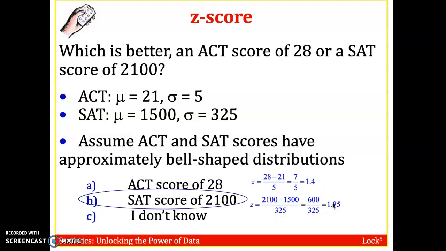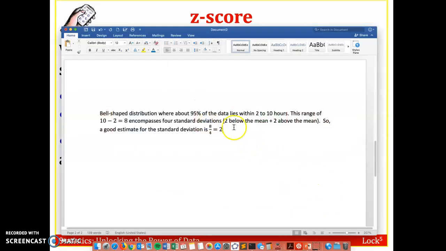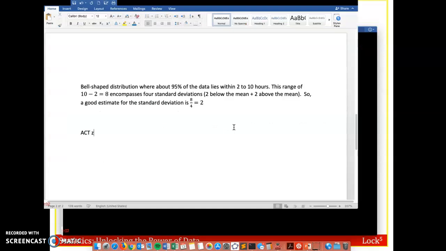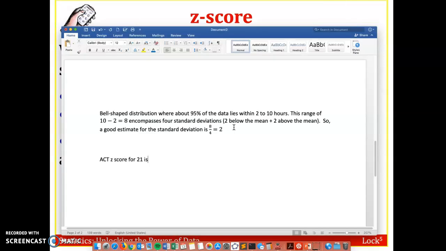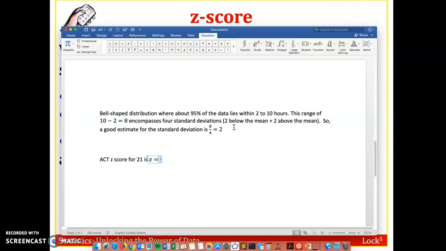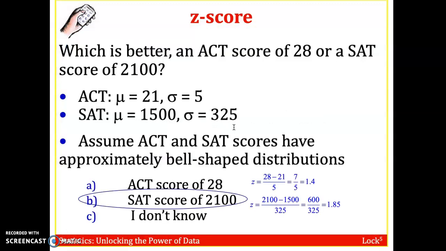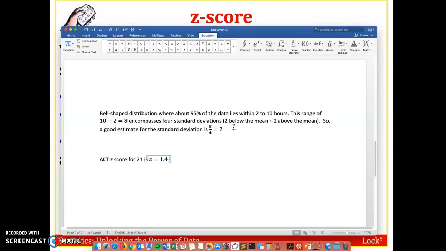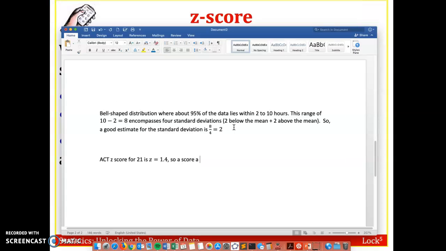All right, so let me clarify a little extra about this problem. So the ACT z-score for 28 is z equals 1.4. So this means a score of 28 on the ACT is 1.4 standard deviations above the mean.